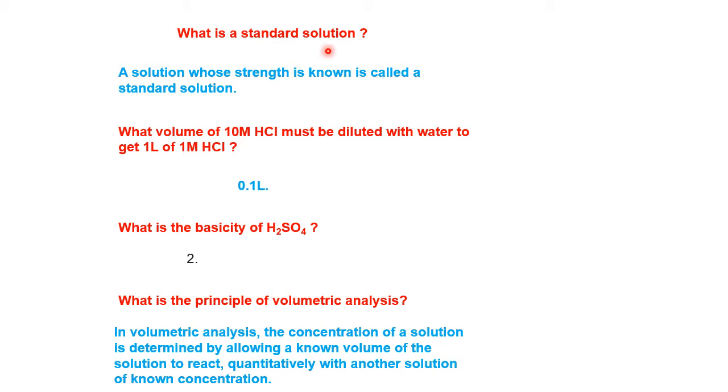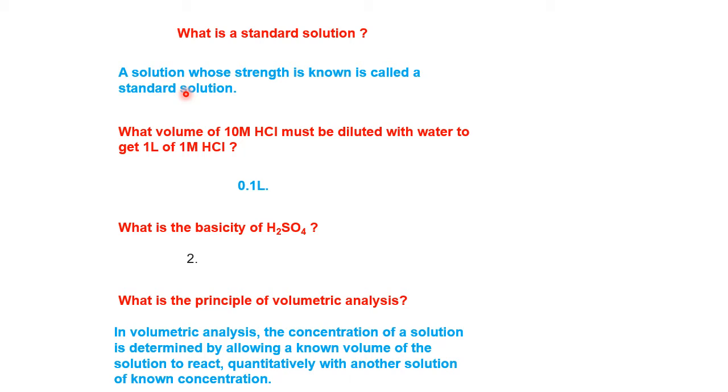What is a standard solution? A solution whose strength is known is called a standard solution. I told you I have prepared 0.1 M oxalic acid, or I have prepared 0.2 M Mohr's salt.